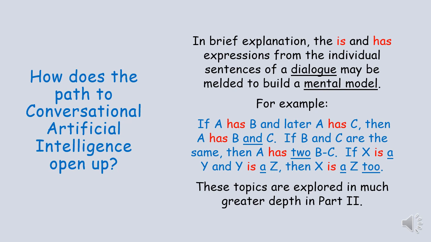For example, if we determine that A has B and later A has C, then A has B and C. If B and C happen to be the same thing, then A has 2 B. If X is a Y and we subsequently discover that Y is a Z, then X is a Z too. All of these topics are explored in far, far greater depth in the part 2 lecture.